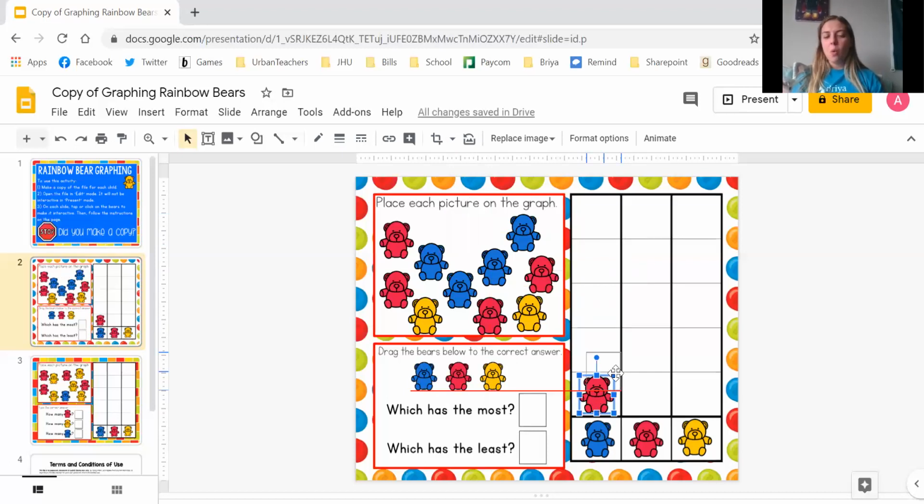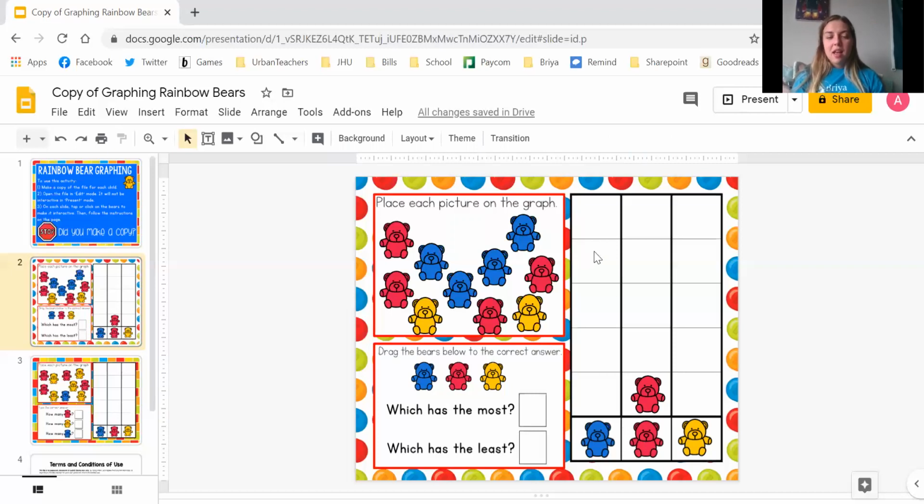No. What about here? Does this red bear match this bear down here? You're right, it doesn't. What about here? Is that a match? It is. Nice job. High five. So you guys help me put this red bear to match this red bear.